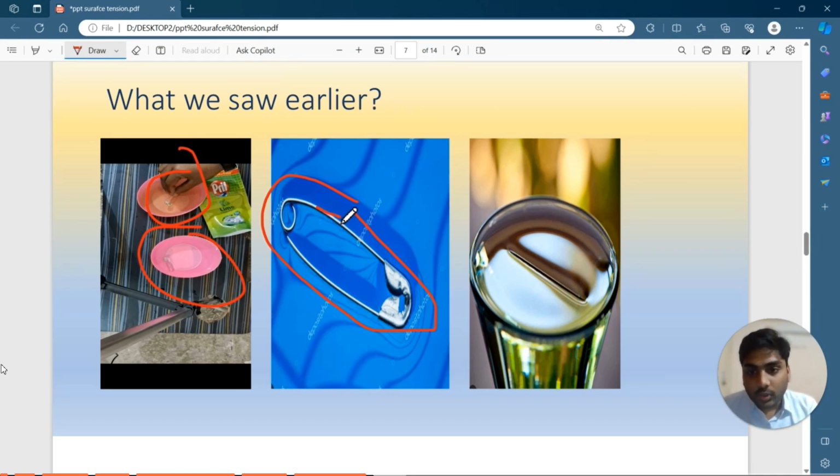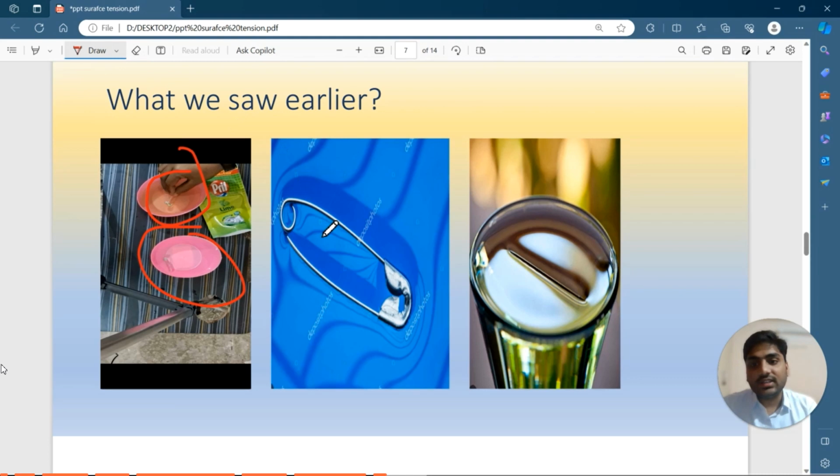Can you see the length of the safety pin is like a needle? If you put a needle on the water surface, this will appear. I had only a safety pin in my room, so I did not use a needle. Otherwise, it is much easier. If you put a needle on the glass, this will appear.